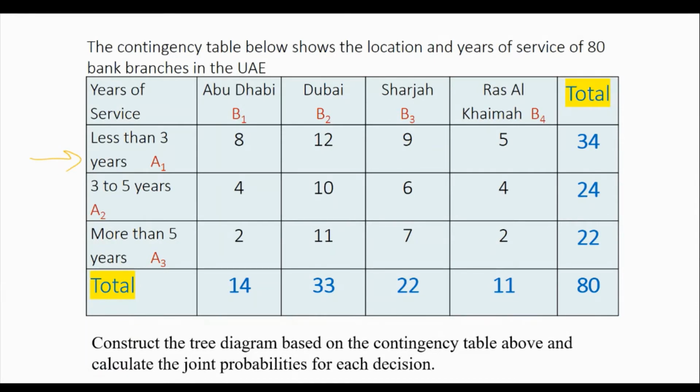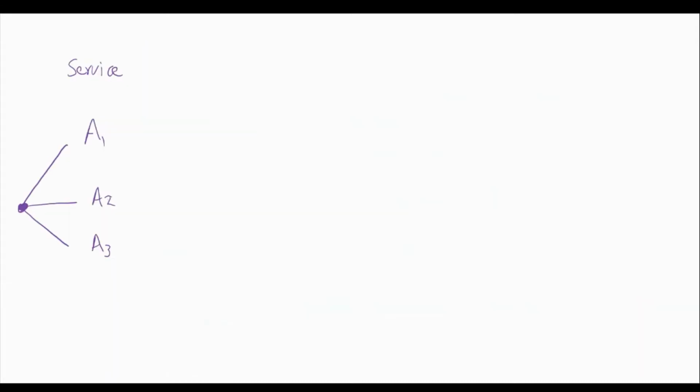Now, from the branches that have less than 3 years of service, we have a total of 34 branches. How many total branches are there for all the branches? 80. So we have the probabilities in the branches. We have 34 branches out of 80 that have been in service for less than 3 years.